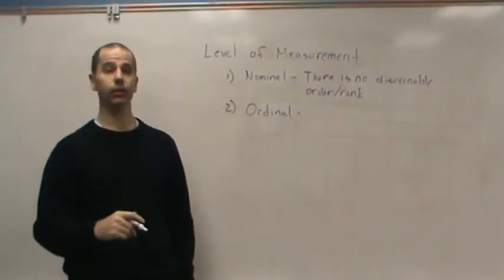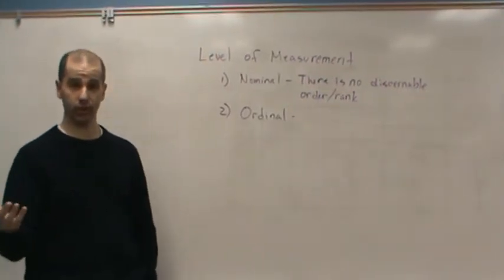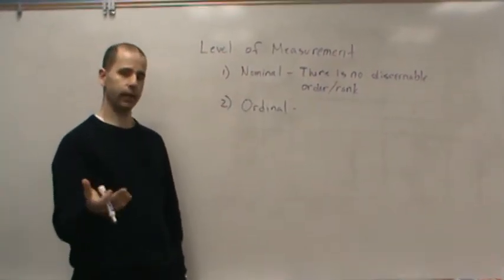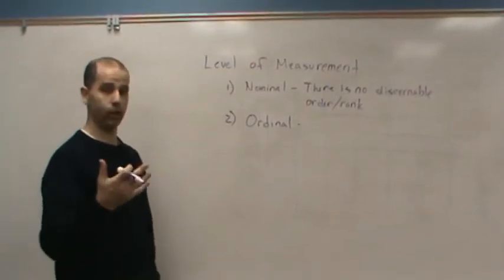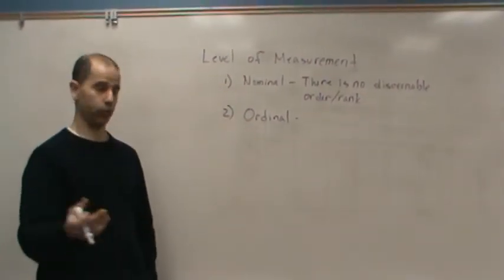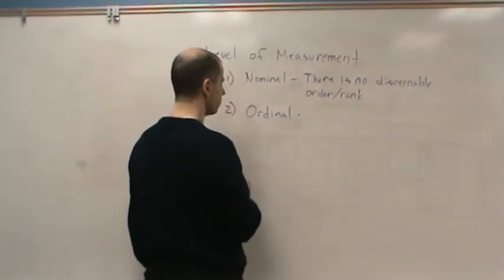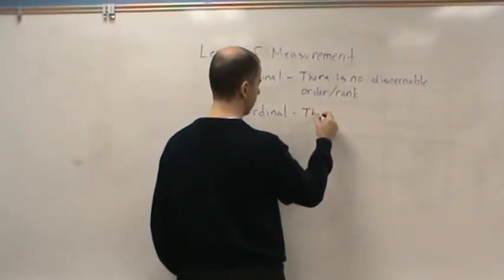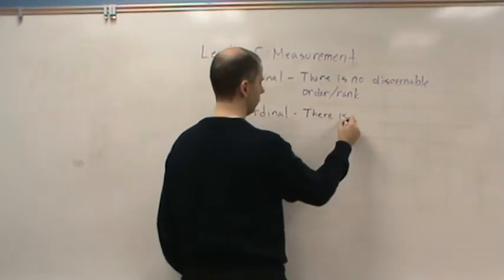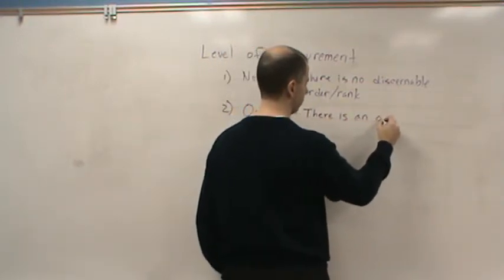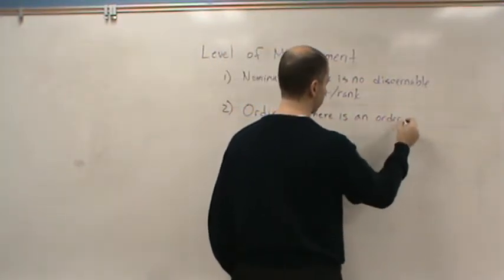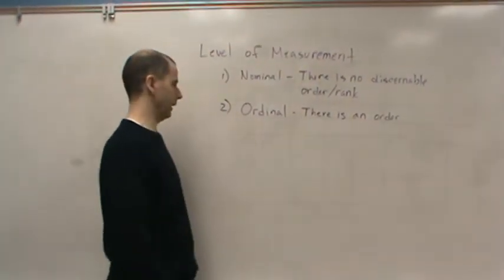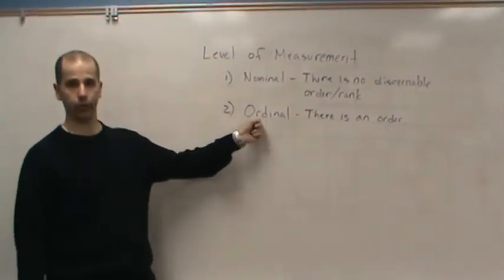So again, year in school, freshman, sophomore, junior, senior would be an example of an ordinal level of measurement. Ordinal, there is a rank to the data. There is an order. It can be ranked.